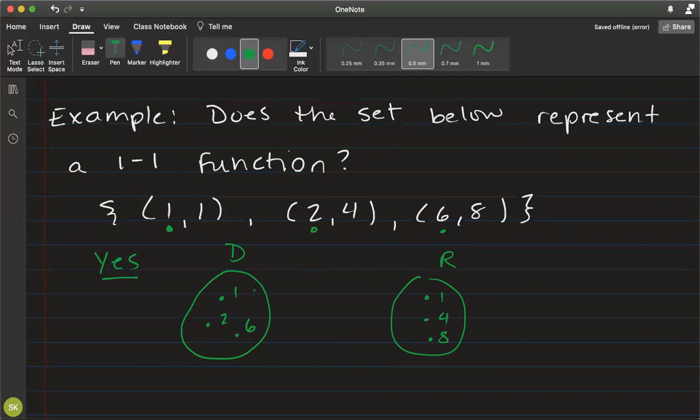You can see that 1 is being sent to 1, 2 is being sent to 4, and 6 is being sent to 8. With all of these arrows, I don't have 2 arrows going to the same element in the range. Another way you can see this without even drawing a picture is just to look and see if any of the y values are repeated. You can see that all of these y values are different. So since they're different, this is a one-to-one function.